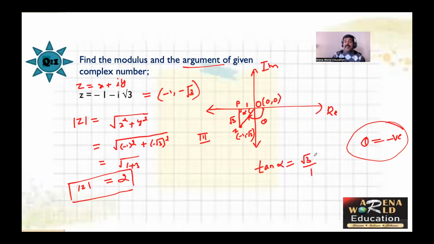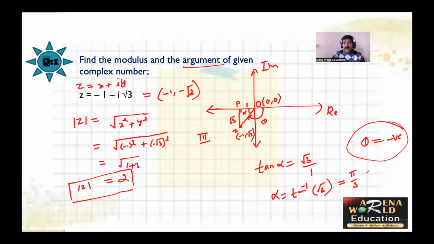If tan alpha is under root 3, so alpha will be tan inverse root 3, and directly you can write the answer. This is equal to pi by 3. Always remember, we will consider theta in radians, right? So it will be pi by 3, right?